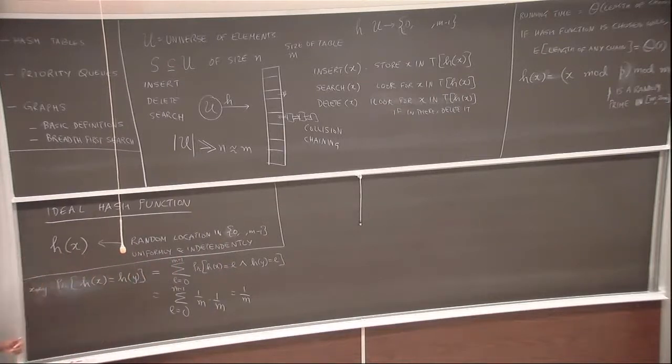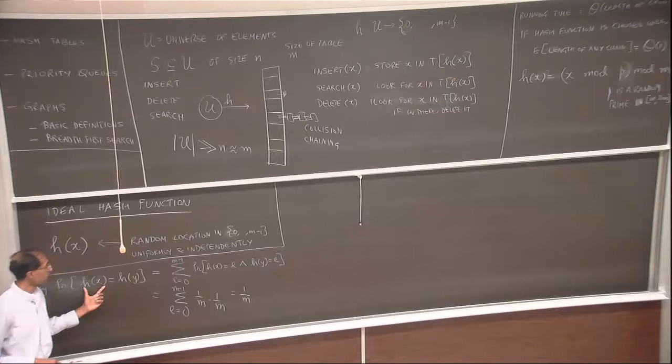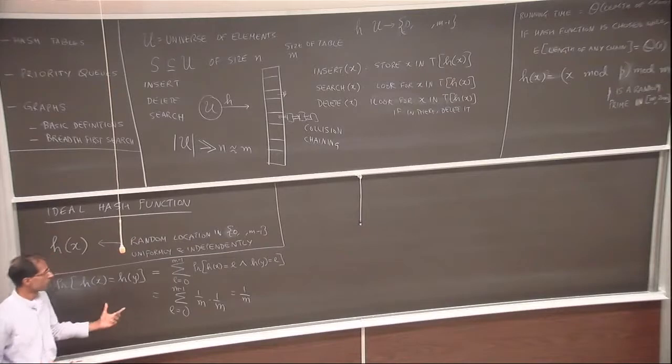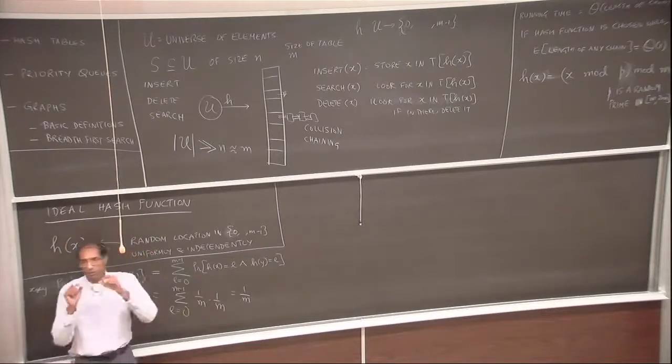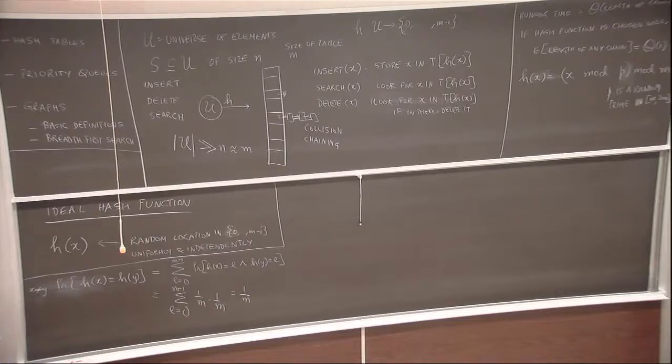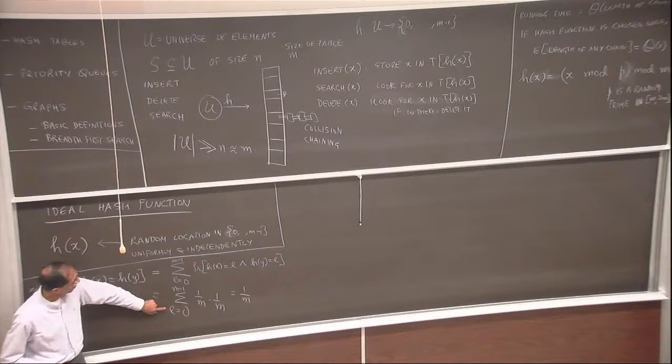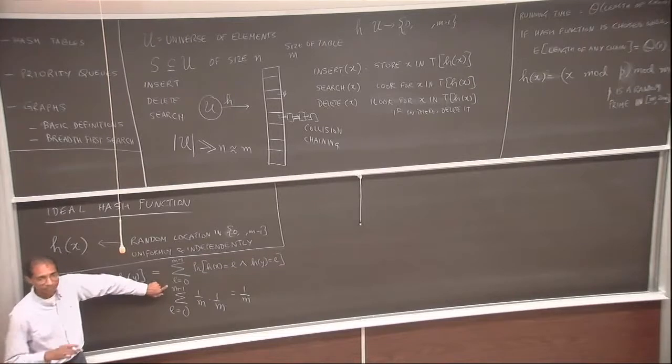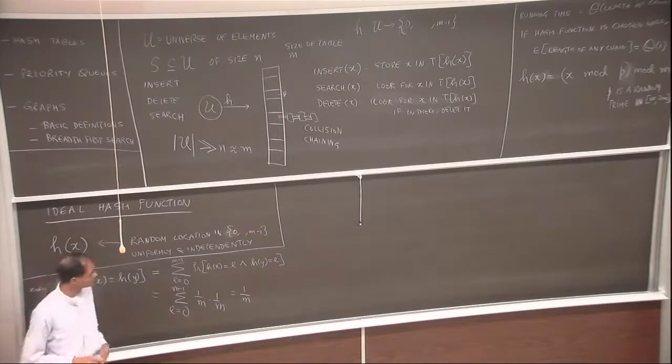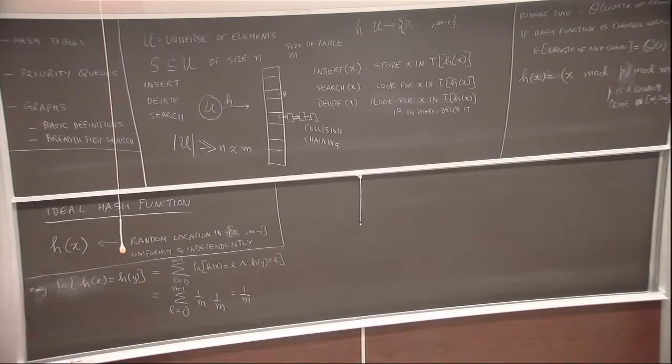The probability that h of x is identical to h of y is 1 over m. So the probability that the two things will collide is 1 over m. Question? Is it 1 over m squared? Well, but we're adding it up from L equals 0 to m minus 1, times that. Good. So that's the probability there.